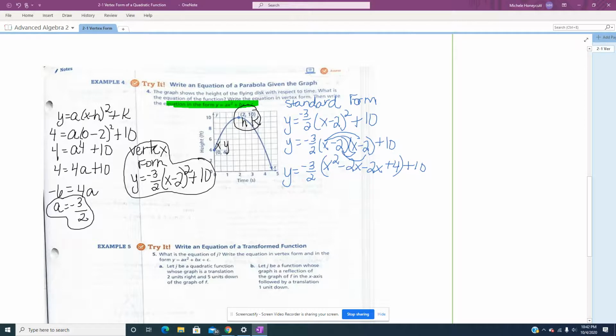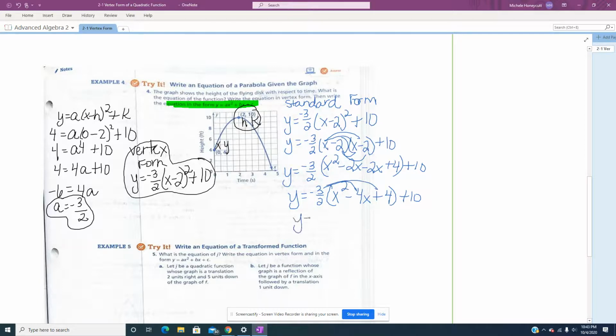Are there any like terms in the parentheses? Oh yep, I can combine those two like terms. So y equals negative 3 halves times parentheses x squared minus 4x plus 4, and then plus 10. Then I can distribute the negative 3 halves to all three terms inside the parentheses.